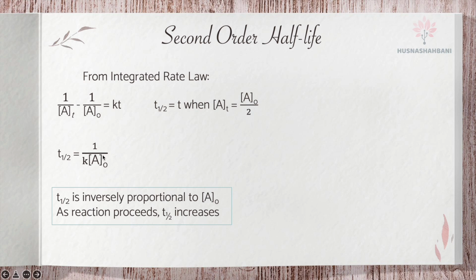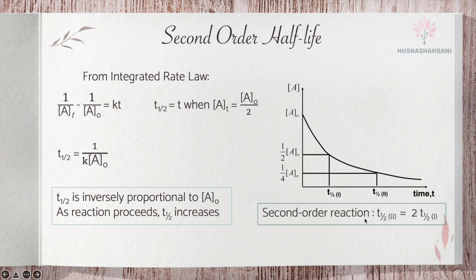So from this equation, you know that t half is inversely proportional to [A]0. As the reaction proceeds, t half increases, because the concentration will decrease.